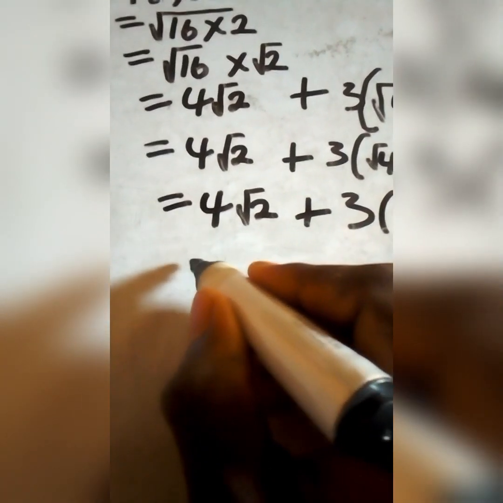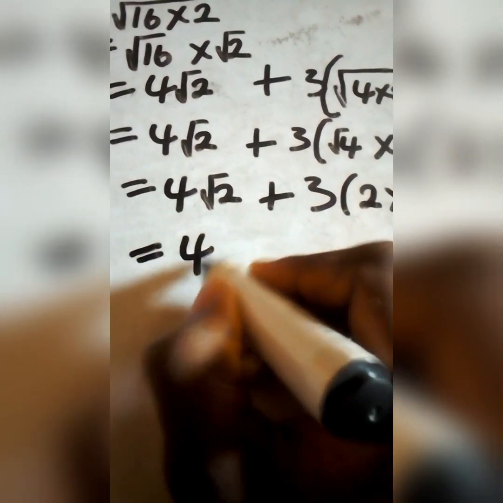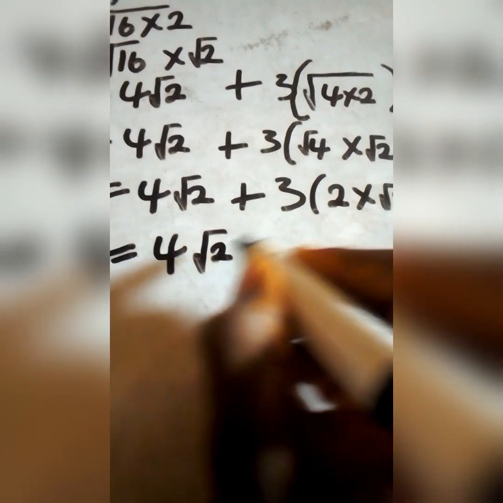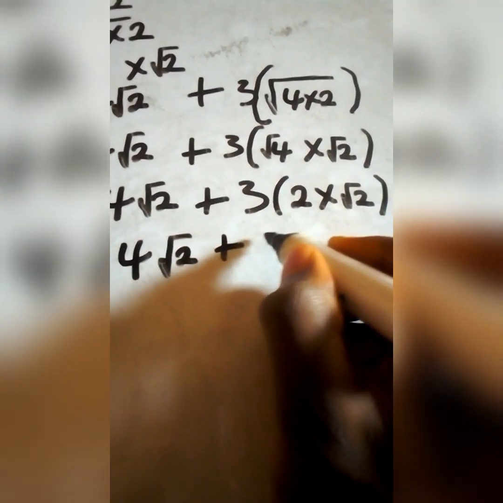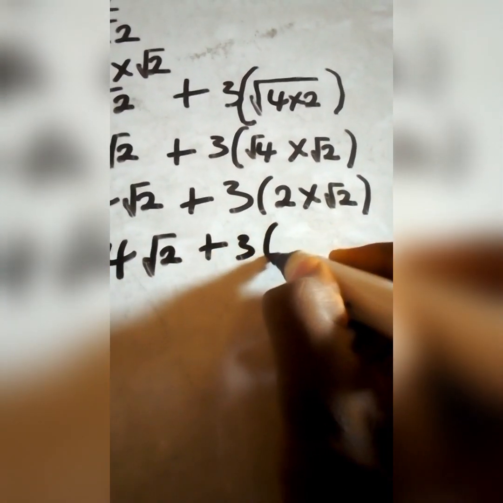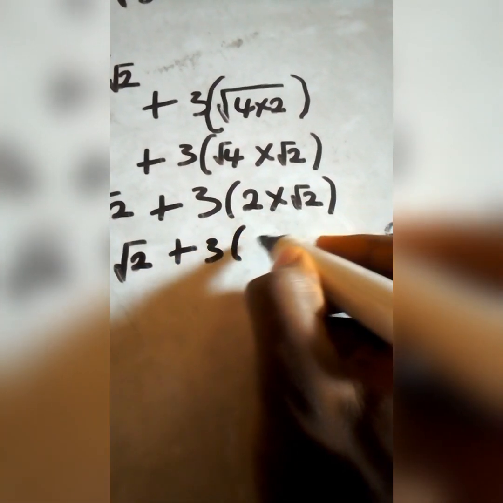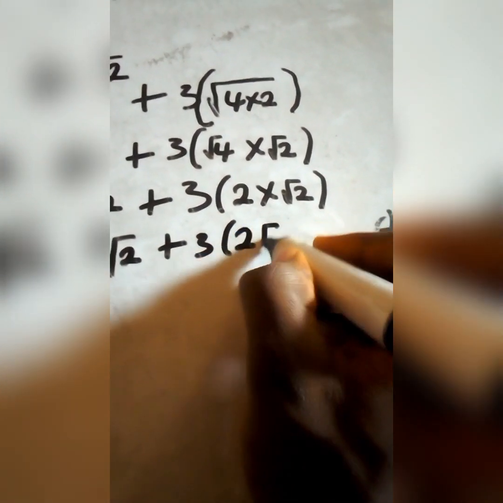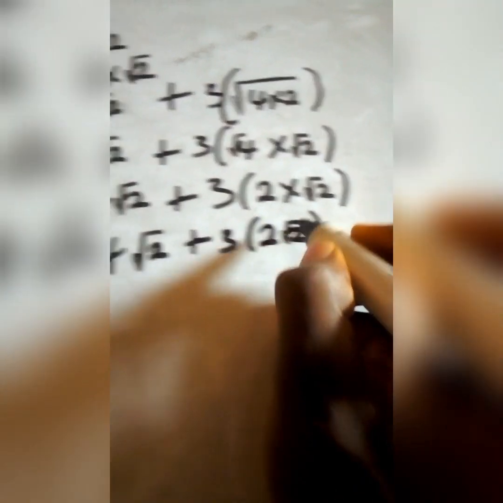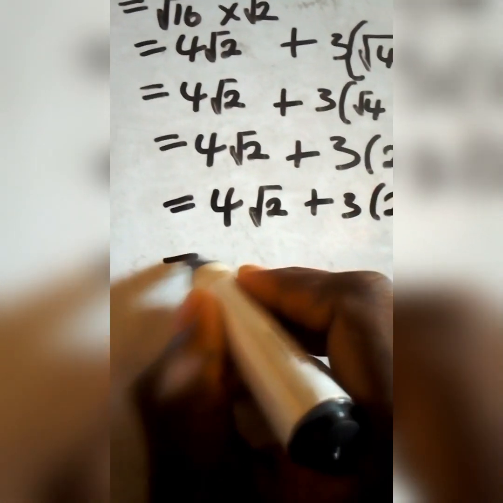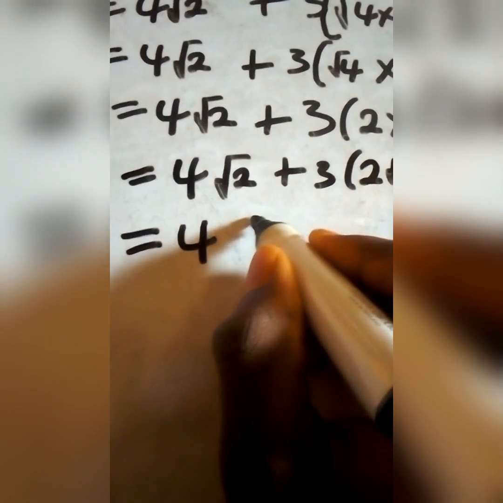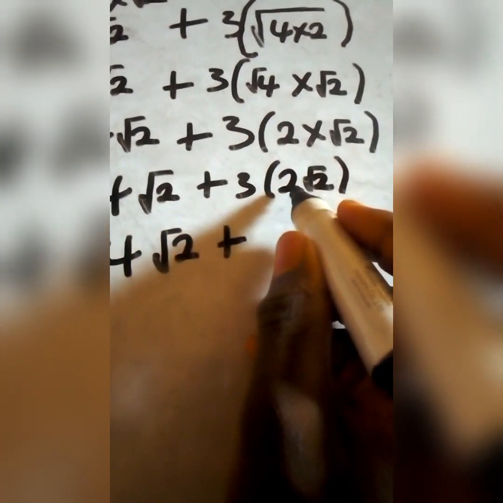It is now going to be equal to 4 root 2 plus 3 open bracket. Now 2 times root 2 is going to give us 2 root 2.